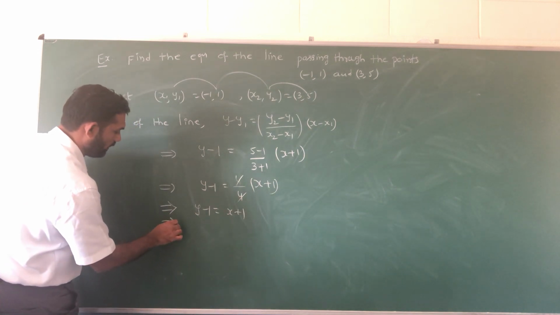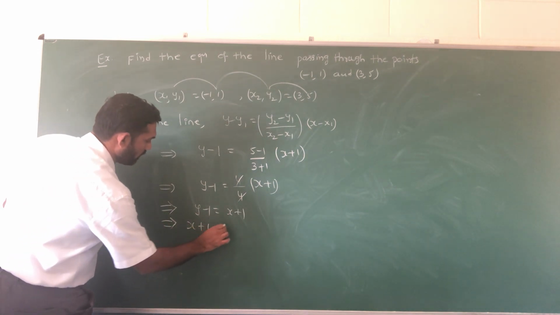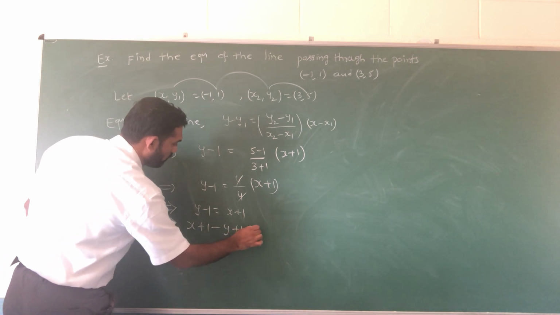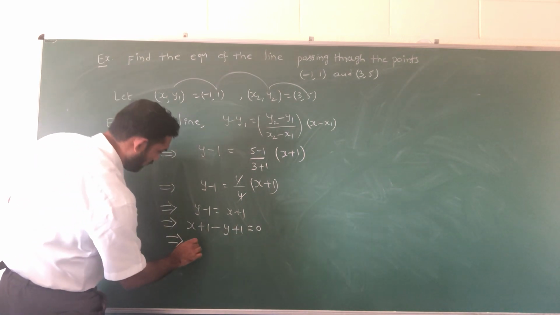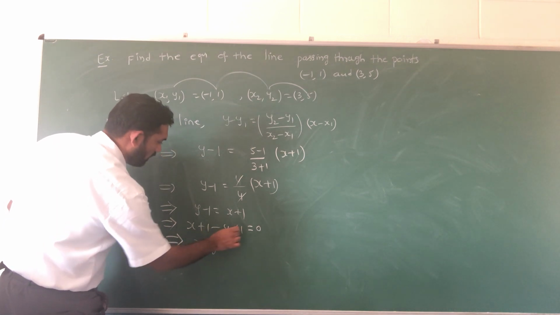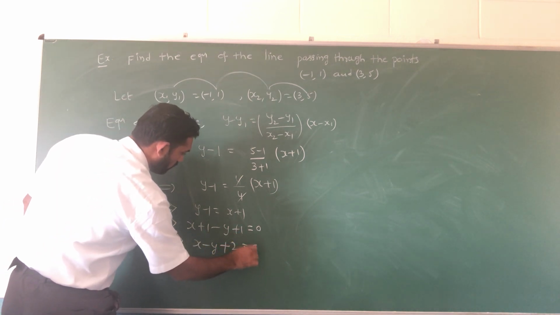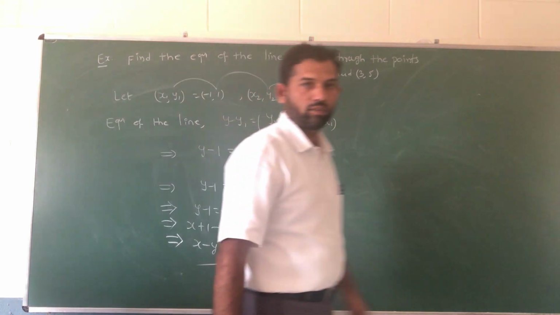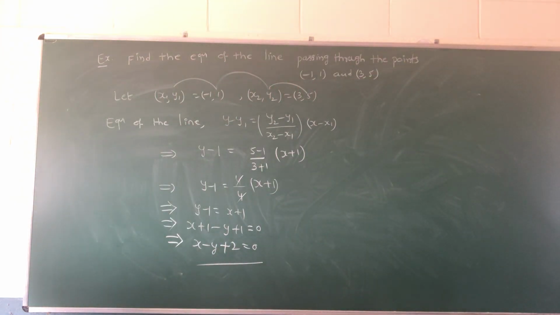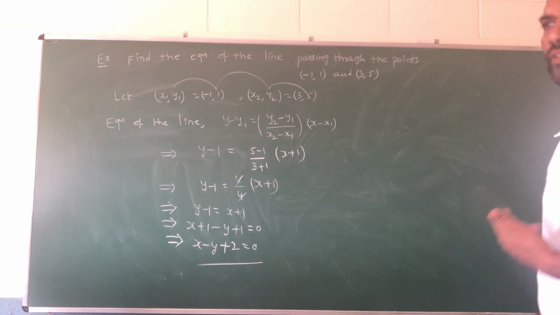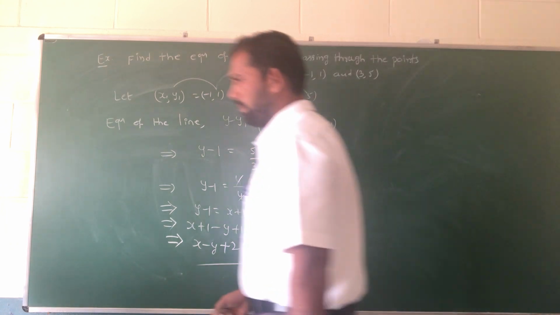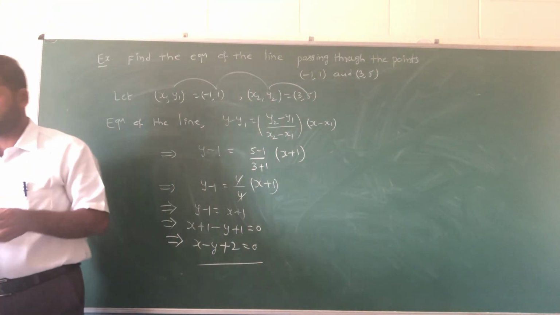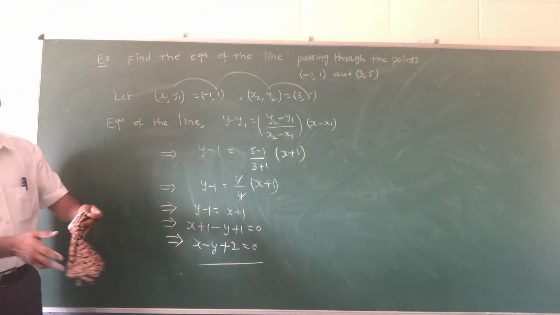Now simplify: x plus 1 minus y plus 1 equals 0, then x minus y plus 2 equals 0. That is the equation of the line passing through 2 points. Note it down fast.